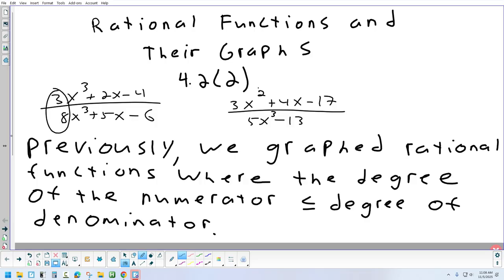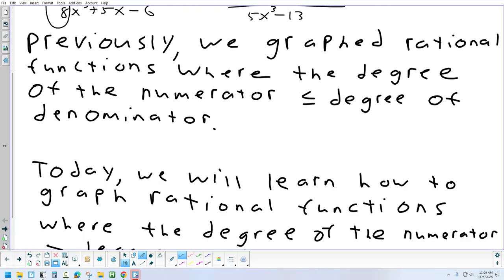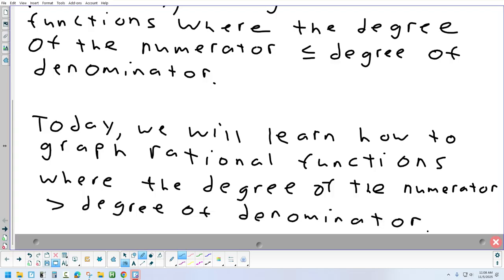All right, so today we're going to look at the kind where the degree in the numerator is bigger than the degree of the denominator. When the degree of the numerator is bigger than the denominator, horizontal asymptotes go away. You can't have horizontal asymptotes. They are replaced by something even more fun than horizontal.